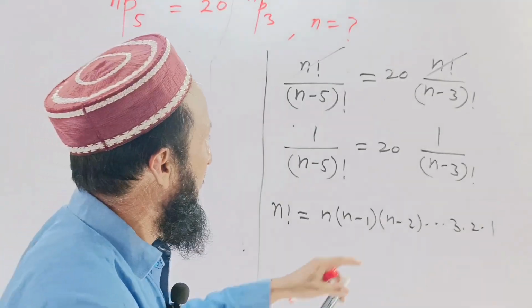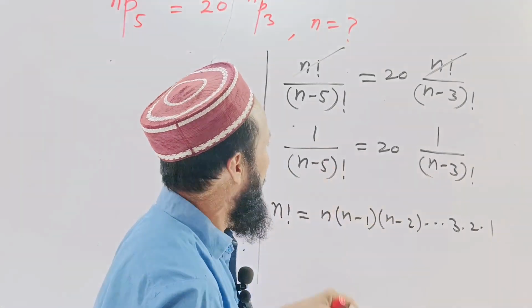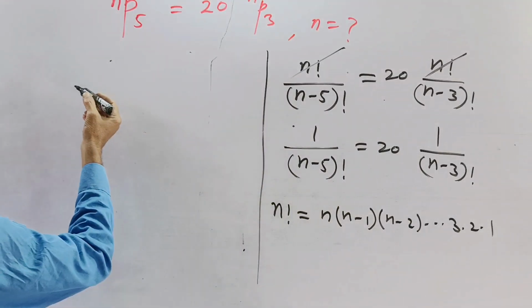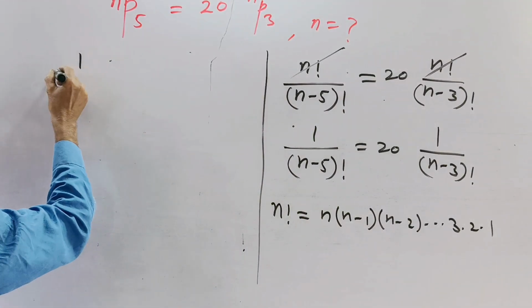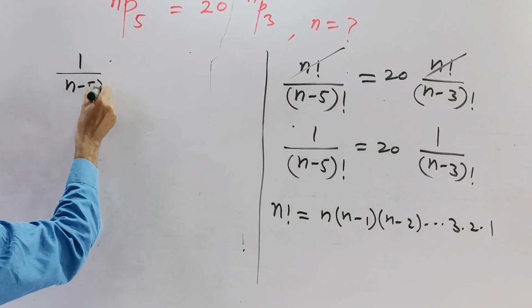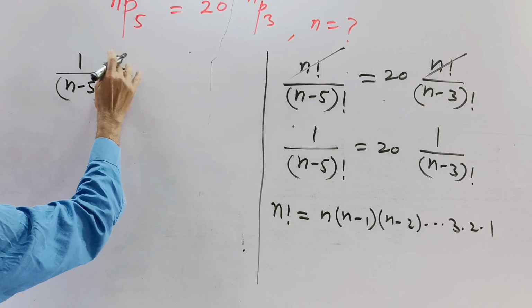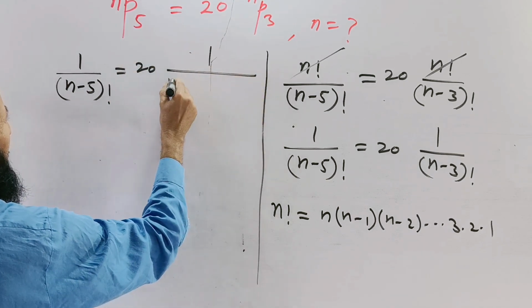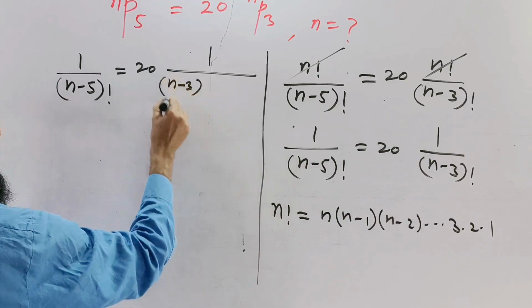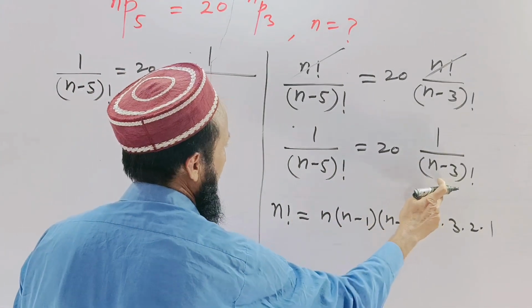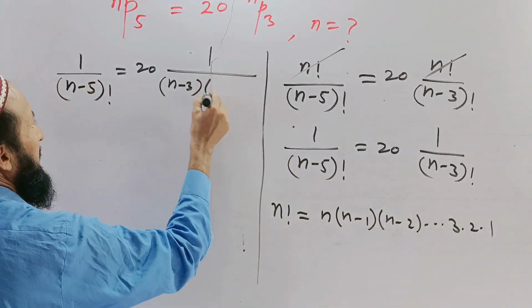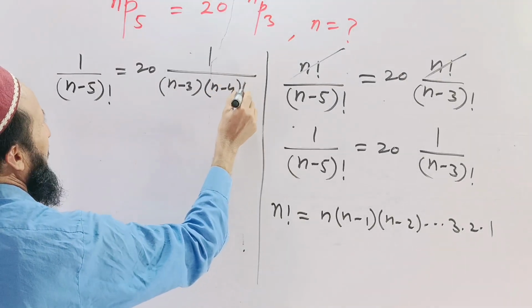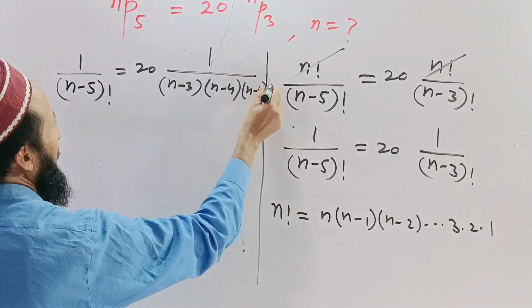If we expand up to the required terms, we can write 1 divided by (n minus 5) factorial is equal to 20 times 1 divided by (n minus 3) factorial. (n minus 3) factorial is considered as (n minus 3) times (n minus 4) times (n minus 5) factorial.